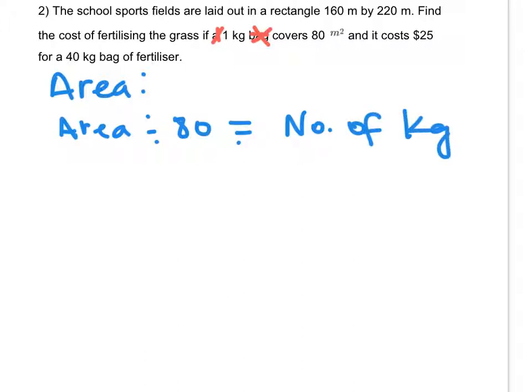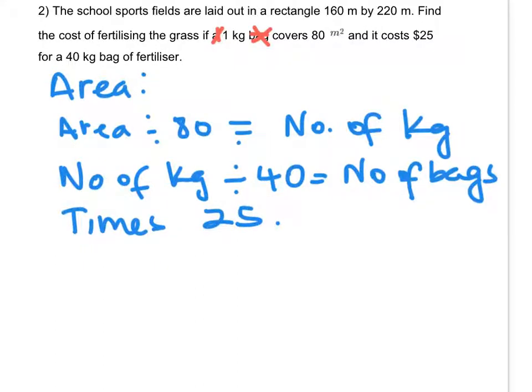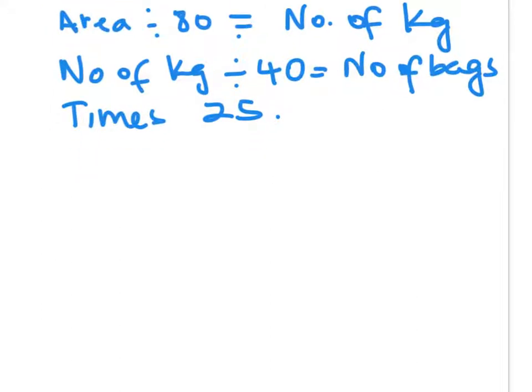And then, when we see the number of kilograms needed, we're going to divide by 40. That tells you the number of bags. And then multiply by 25. It seems like a long one, doesn't it? Well, let's have a look at it. So, let's start off by getting the area of the field.